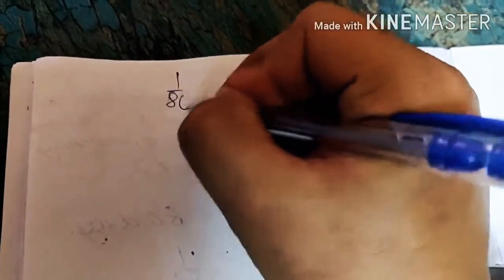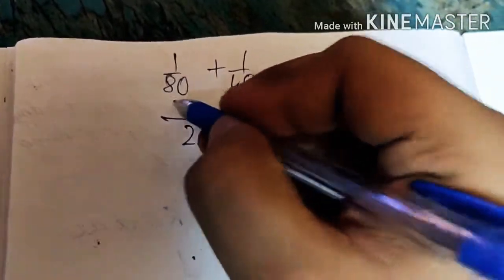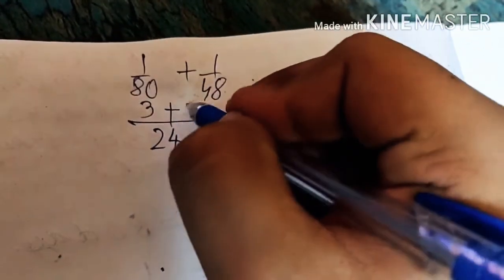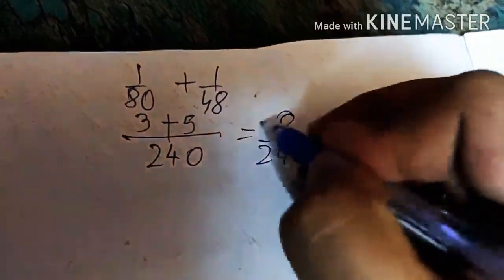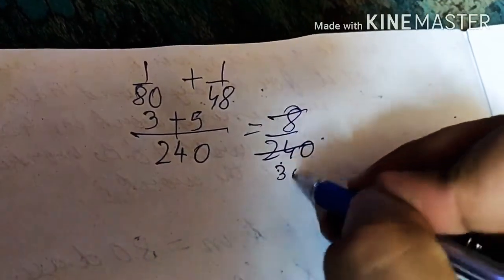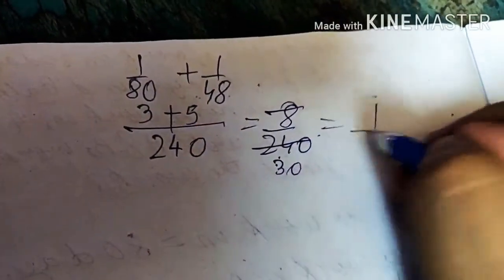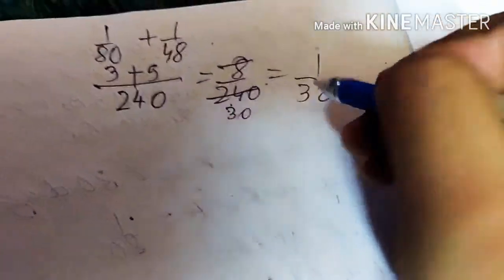Okay. It was 1 by 80 plus 1 by 48. The LCM here is 240. This is 3 plus 5, that is 8 by 240. This is 1 by 30. So 1 day work of A and B working together is 1 by 30.